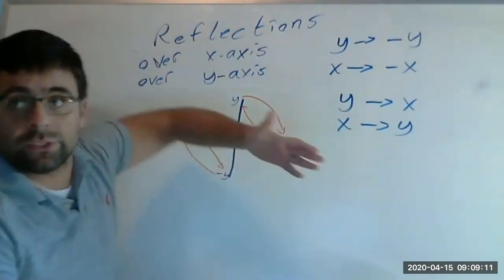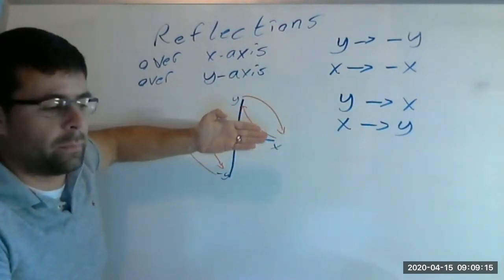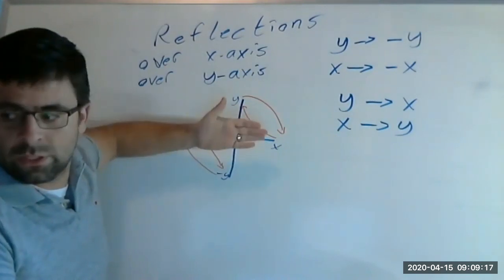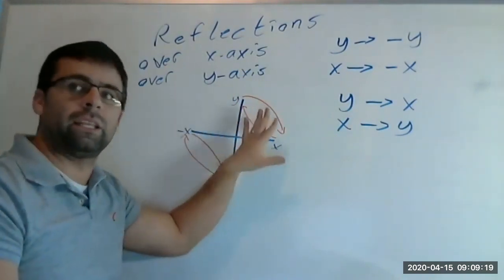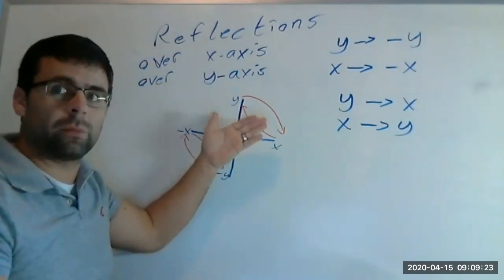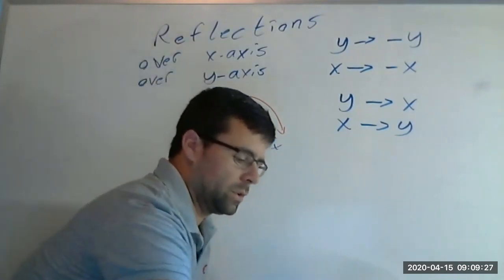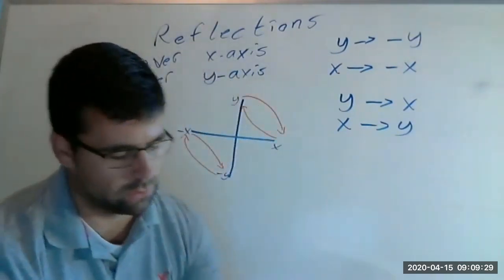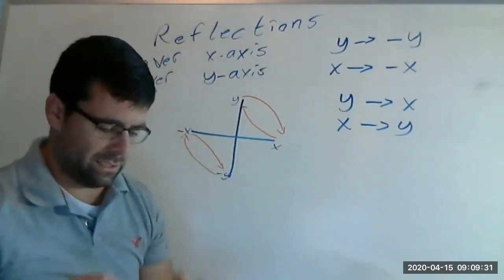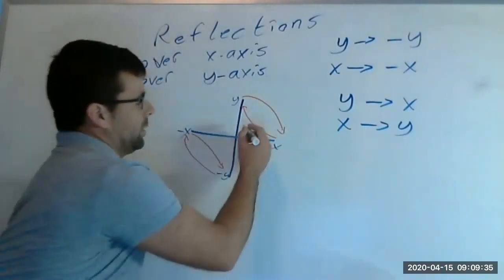So the previous ones, we flipped over the x-axis. So we spun our paper like this. Then we spun our paper like this. But now we're spinning our paper like this. So what I want to know is, what is the axis that we are spinning this over?